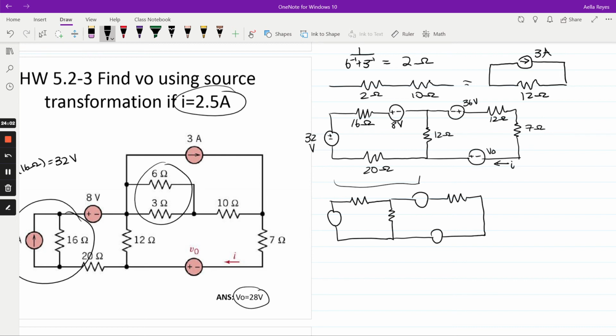We also were combining the resistors in this second mesh right here.